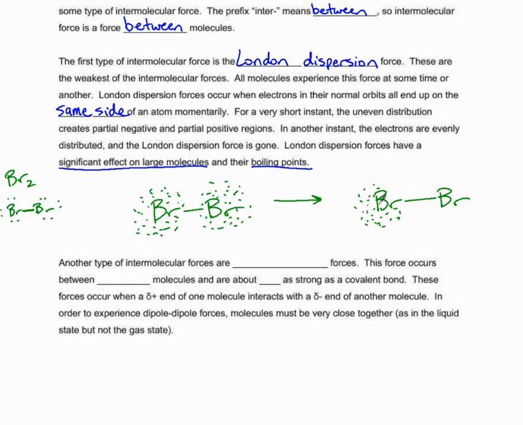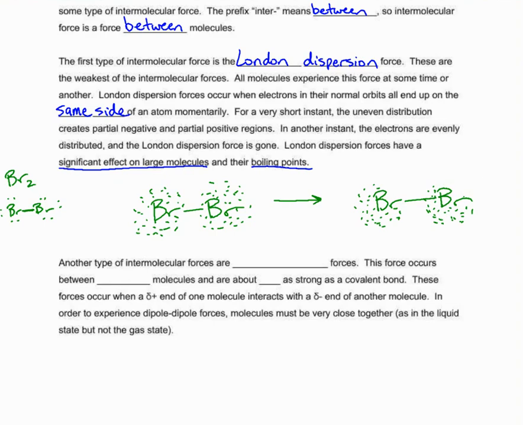Here's the nucleus, and all or most of its electrons just happen to be all on this side. It's kind of lopsided right now. And maybe the same thing with the other one. They're just kind of all on one side more than we would expect. Get rid of a couple for clarity. Here we go.